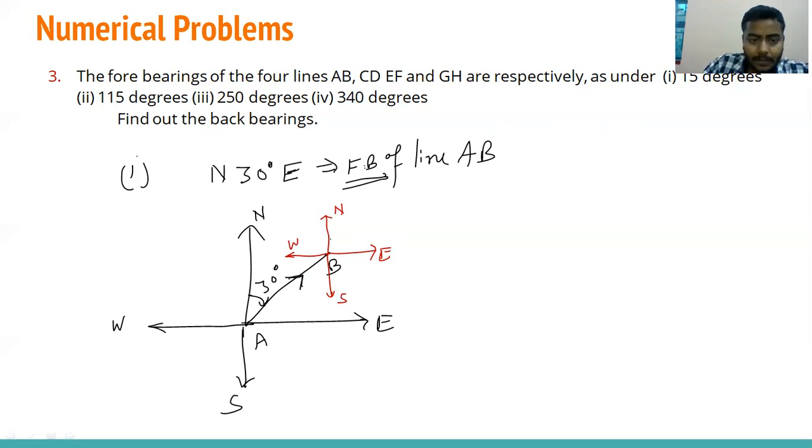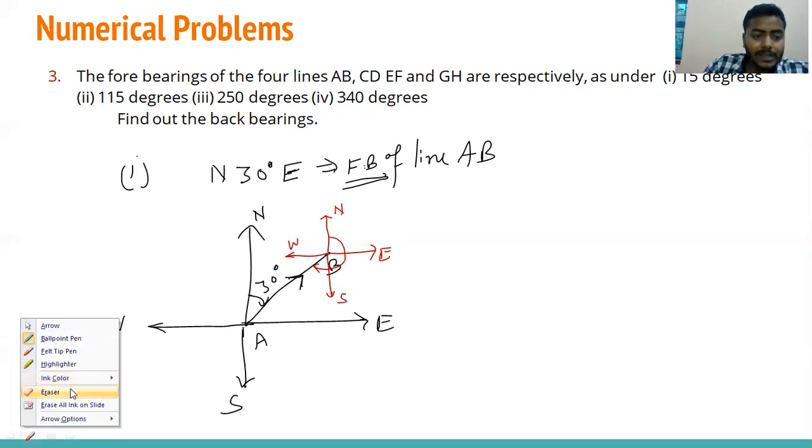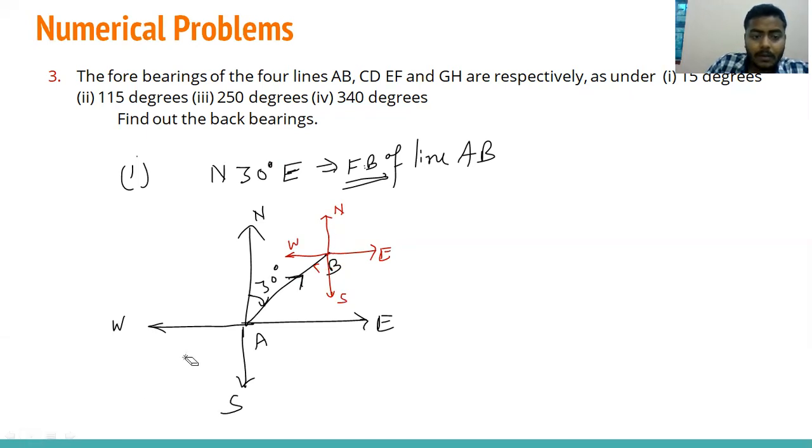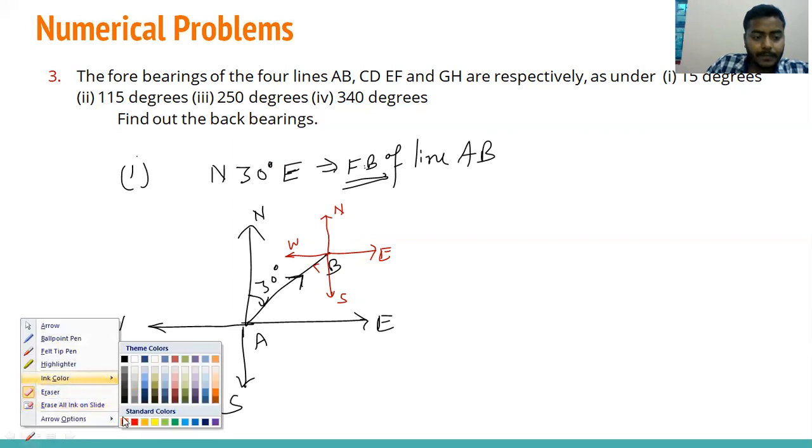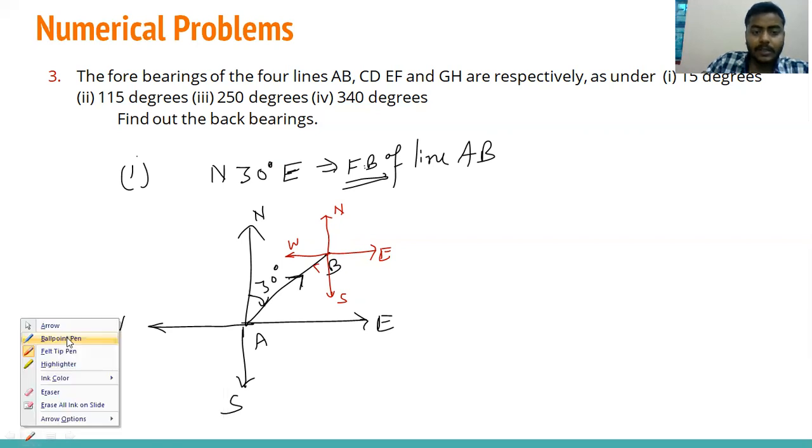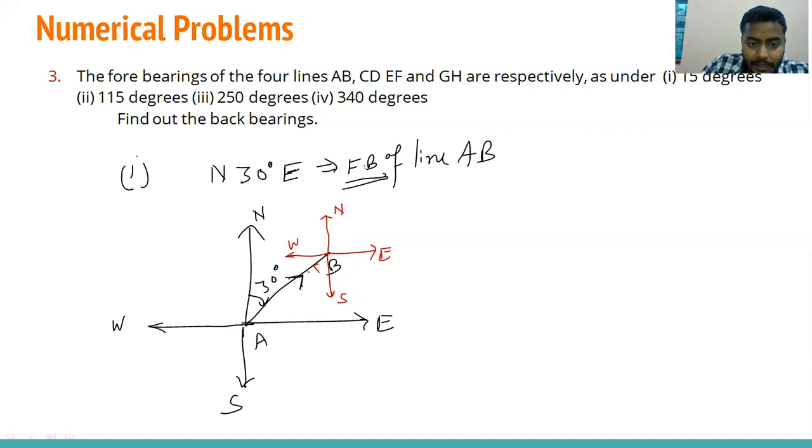So this angle would be the back bearing in case of whole circle bearing. But now this is not an example of whole circle bearing. How can we draw this angle in case of the QB system? What will this value be?